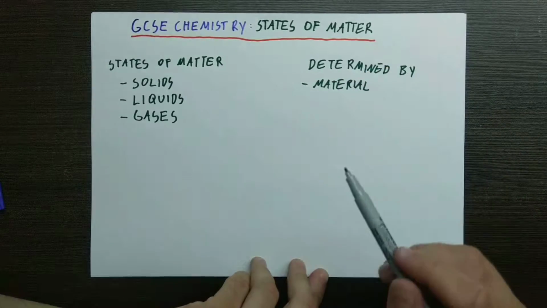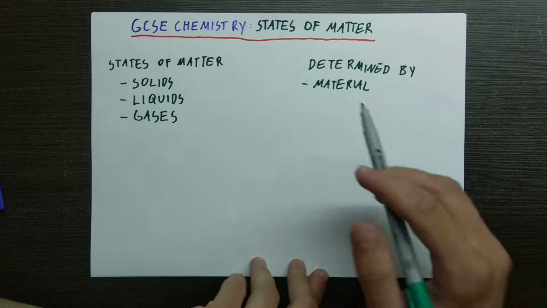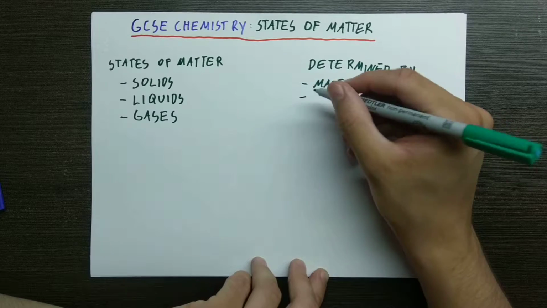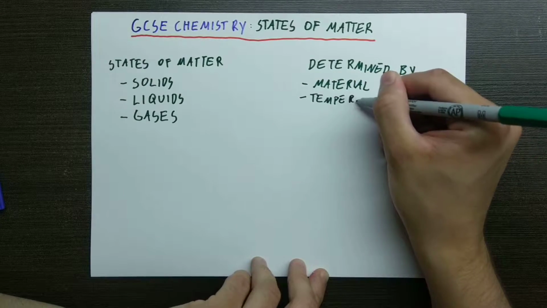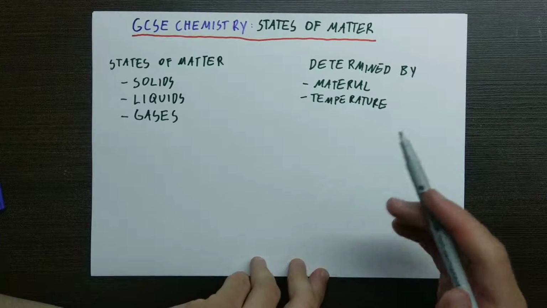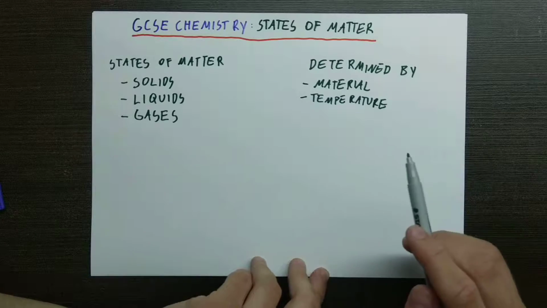Another condition that can contribute to the states of matter is the temperature. That's the obvious one. Temperature. Because the higher the temperature of a molecule, the more energy it has, the more it moves around.